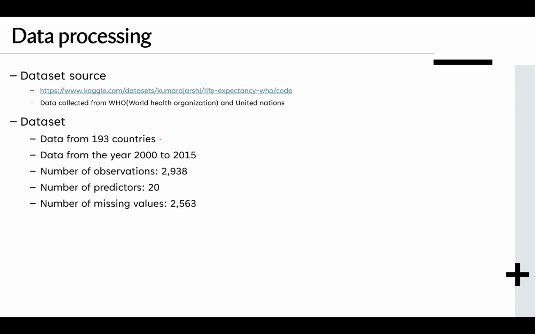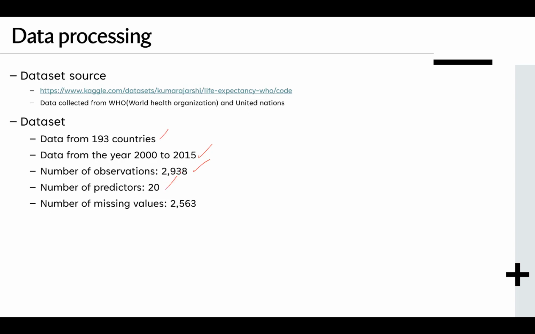In this data set, we have 193 countries. The data was collected from the year 2000 to 2015. We have 2,938 observations. In that sense, we have 20 predictors.